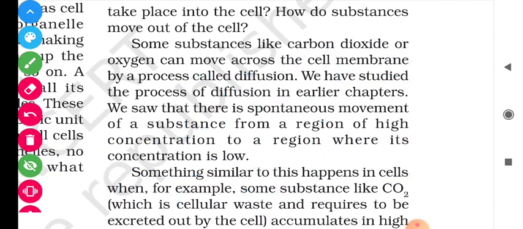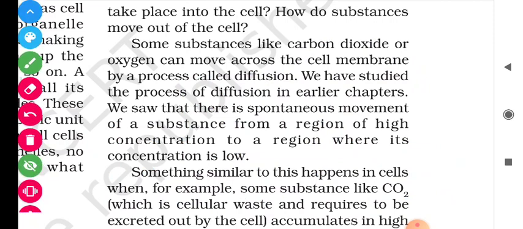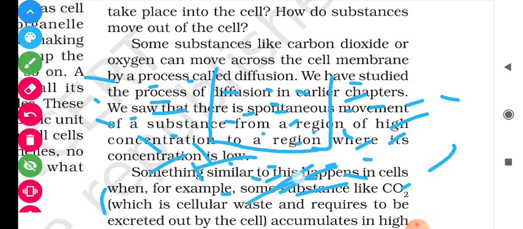If I fill this tank with water and I also fill water in the external environment of that vessel, now what will happen?